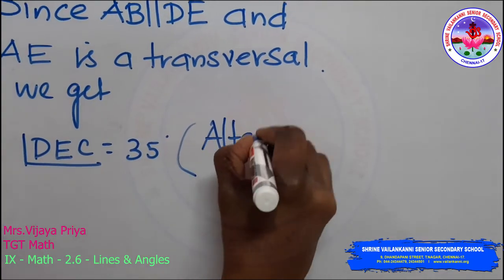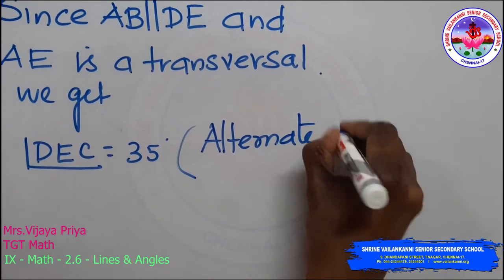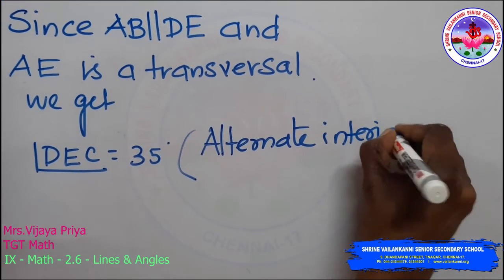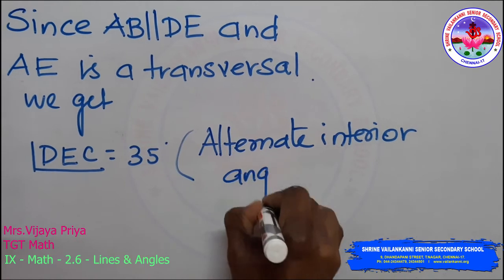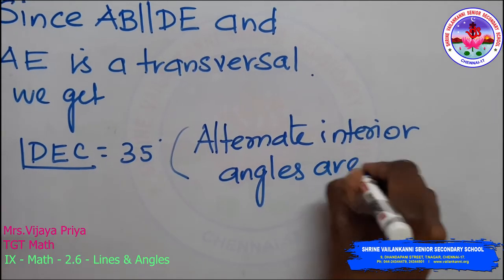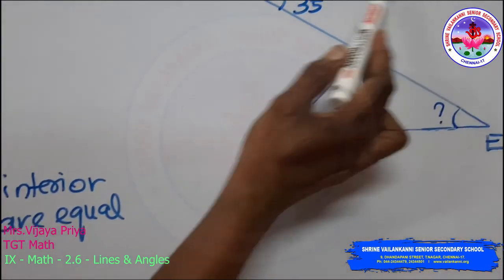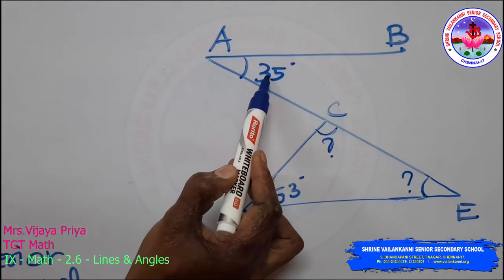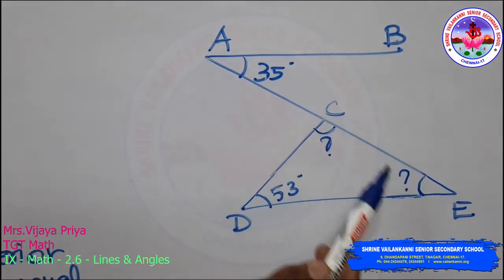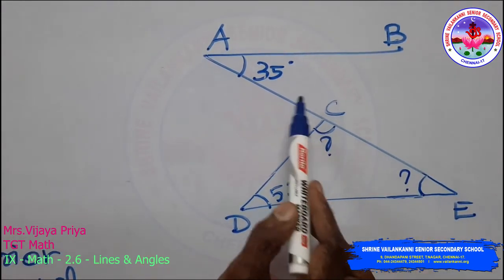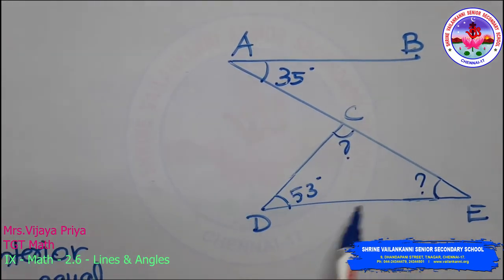So alternate interior angles are equal. From this figure, my BAC 35 degree will be alternate to my angle DEC. So alternate interior angles are equal.